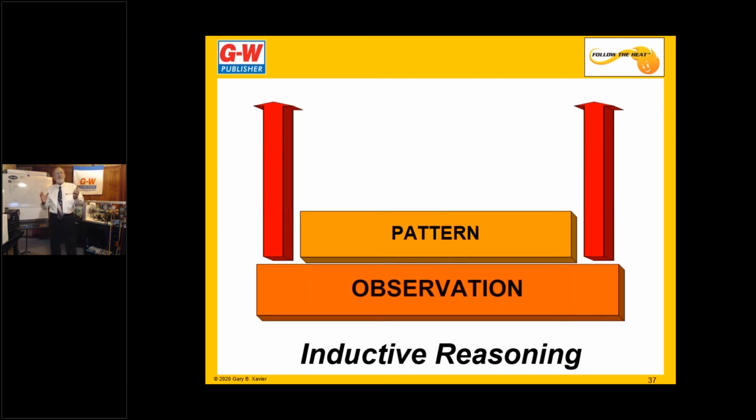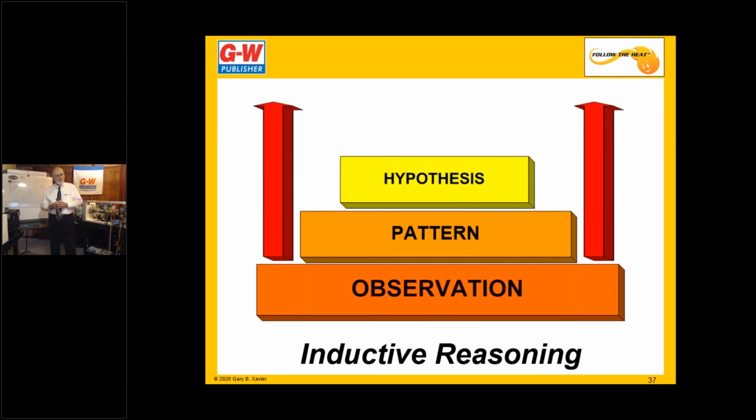From that observation and our pattern of looking at things, we then form our hypothesis. Our theory then is built upon that. And from that way, we become troubleshooters instead of parts changers. That's the difference between deductive and inductive reasoning.